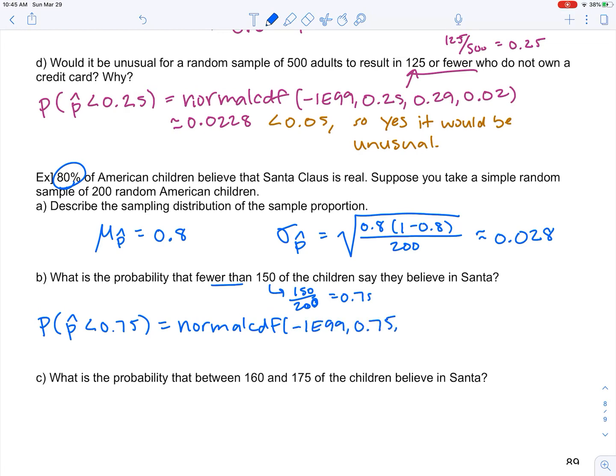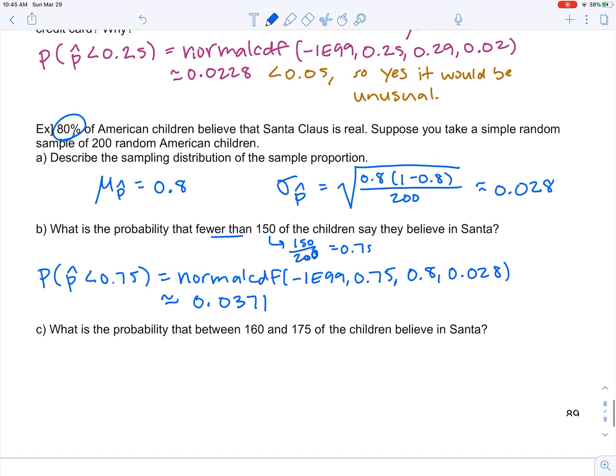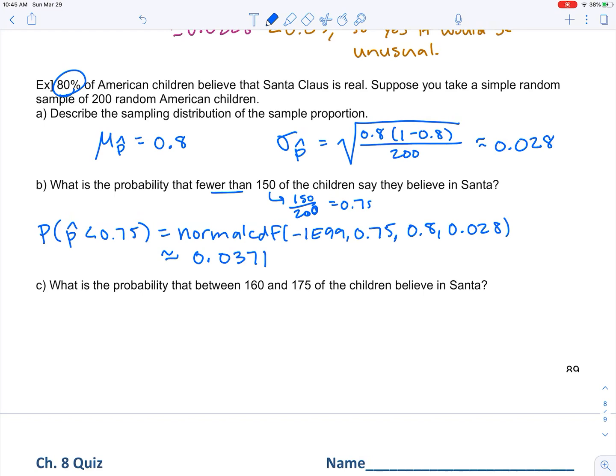The lower bound would be negative 1e99, the upper bound 0.75, and the mean and standard deviation we found in part A. So put this in the calculator. Lower bound negative 1e99, upper bound 0.75, mean 0.8, standard deviation 0.028. I'm getting approximately 0.0371.